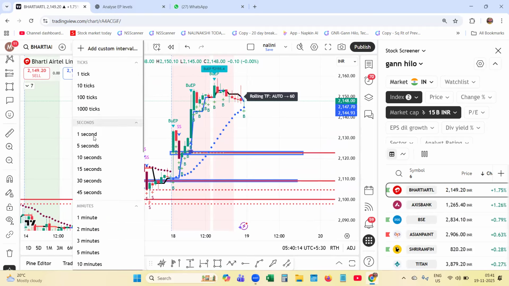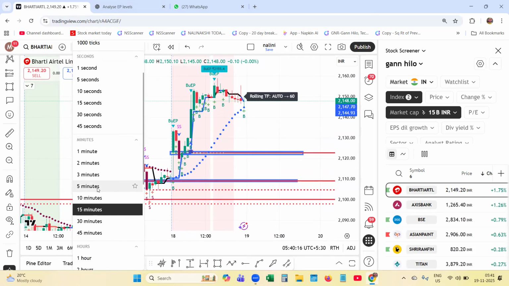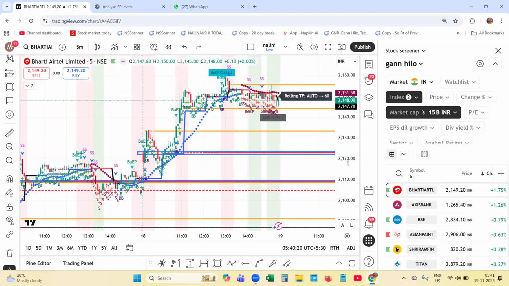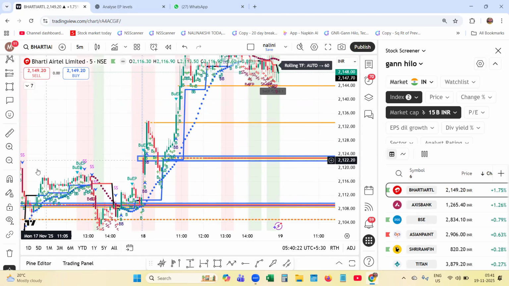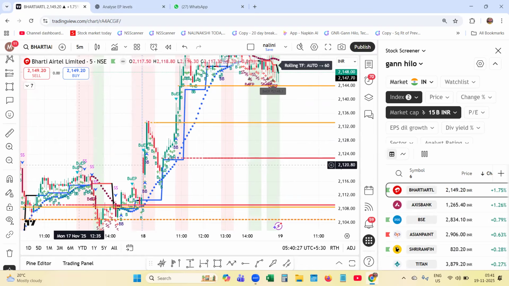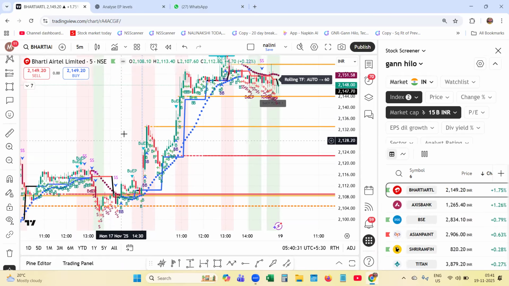These resistances are turned into support. If I go to 5 minutes time frame, suppose it has come down, then you are getting, I will remove the drawings. The market had gapped up. This is an intraday, longer term resistance.